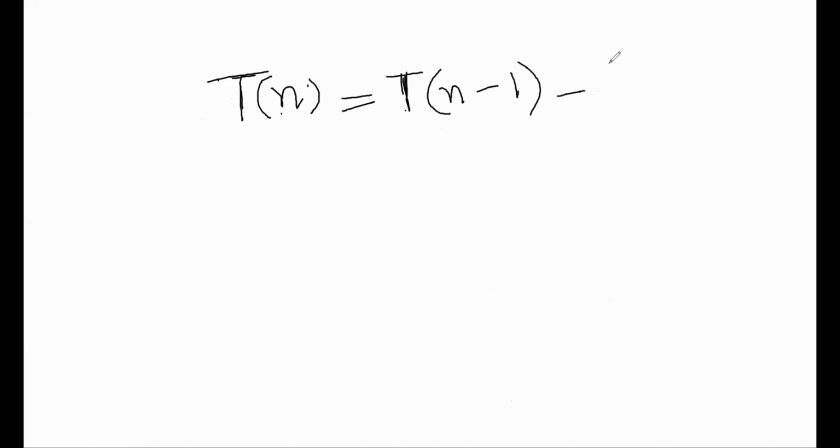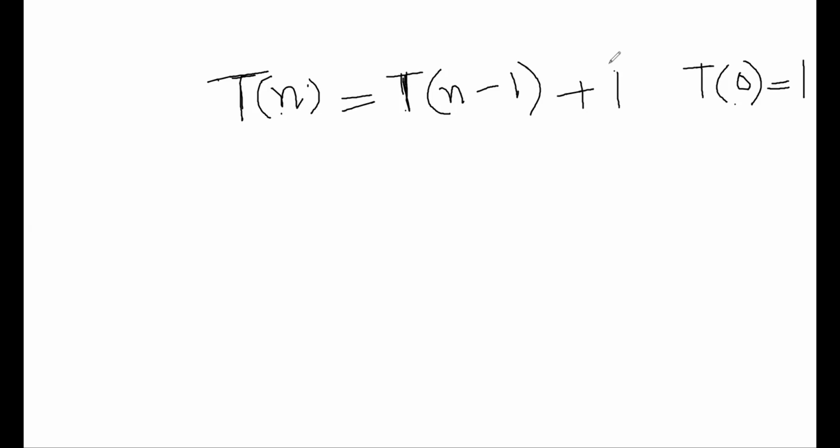If you have a recurrence relation, I'm giving you a base case: T of 0 when n is 0, T of 0 is 1. And this is my recurrence relation. So I am writing a recursive function where with input n, I'm making a recursive call with input n minus 1. And there is some plus 1 time extra to do something, for example.